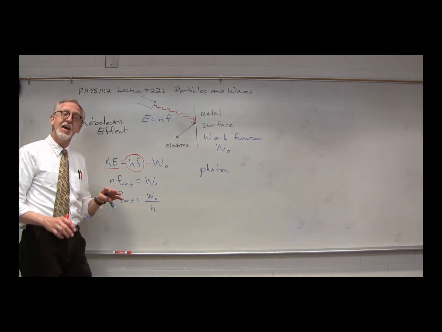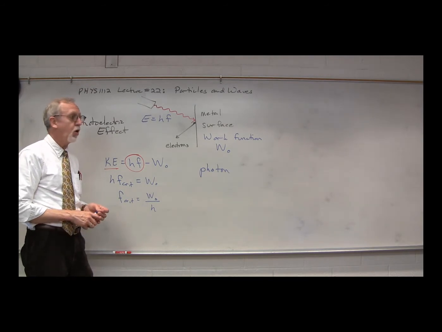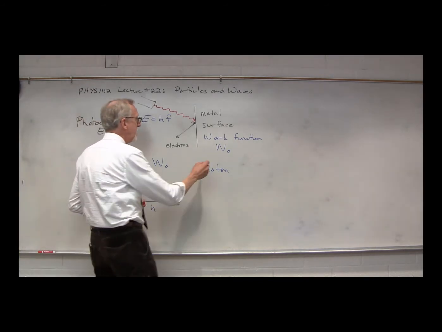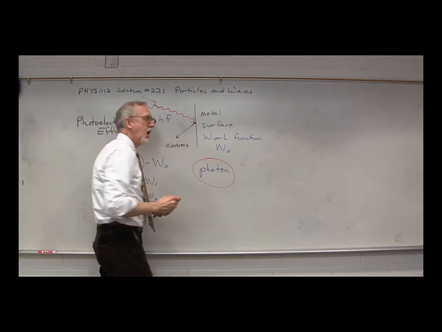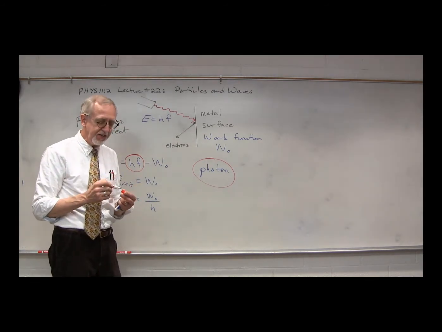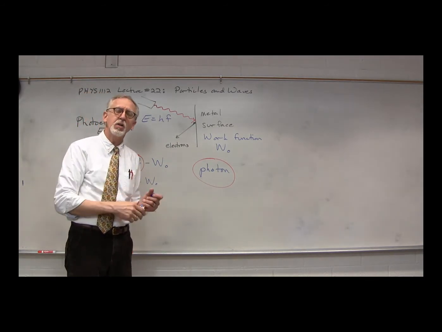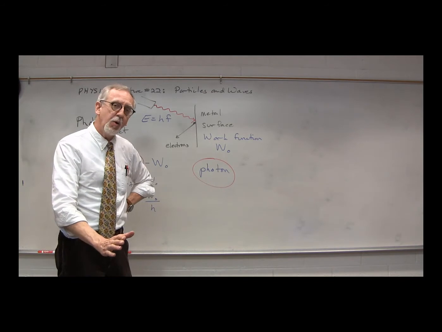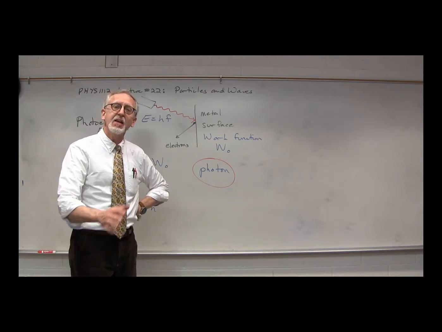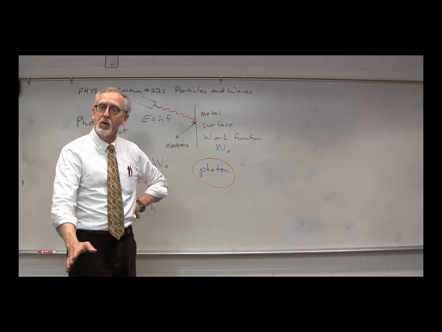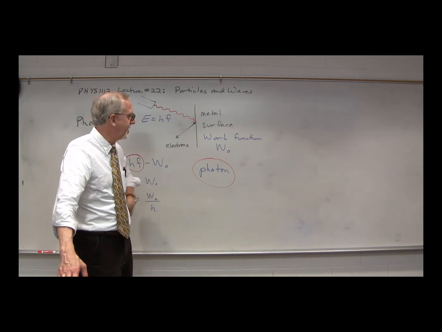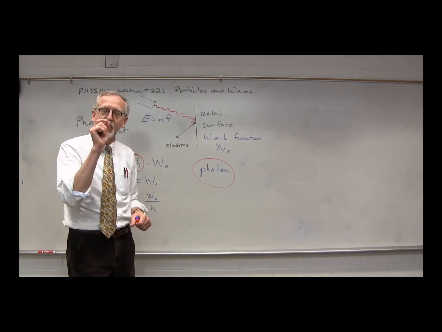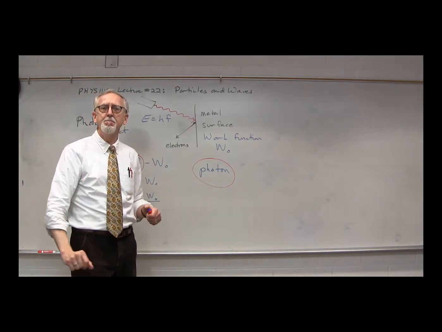Fantastic. Except, wait a minute. This whole idea of particles of light is completely different than the old idea that we had before. Our double-slit experiment basically proved the wave nature of light. How can light be little particles, like little BBs moving through air?